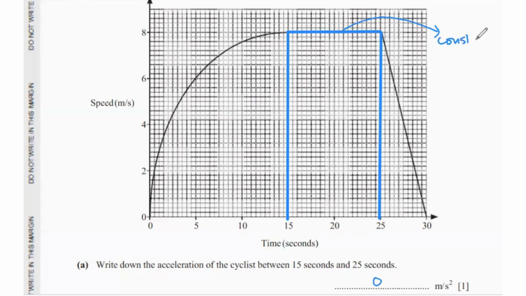Constant speed at 8 meters per second. So 0 acceleration.